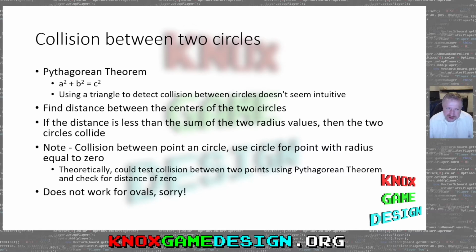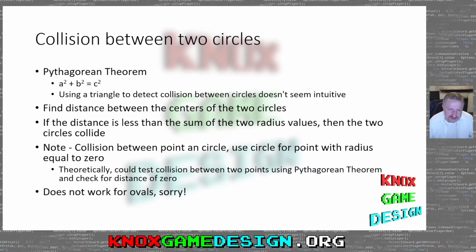The Pythagorean theorem says that the distance between 2 points is a squared plus b squared equals c squared, where a is the difference between the two y's, b is the difference between the two x's, and c is the hypotenuse. So to calculate c, you do a squared plus b squared, and take the square root of that.